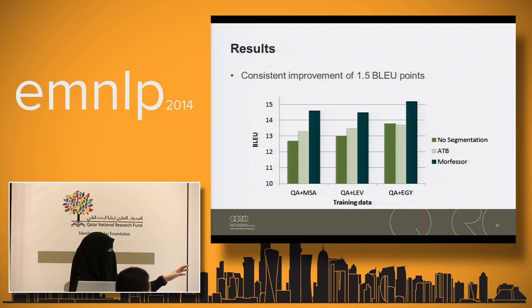Then we apply no segmentation, then we use the ATB segmentation, then we use our Morfessor-based segmentation scheme. But I thought that you were concatenating this data to tune your Morfessor. Right. So how does that change the no segmentation? Here we are evaluating using our Qatari machine translation system when we adapt resources from other dialects.